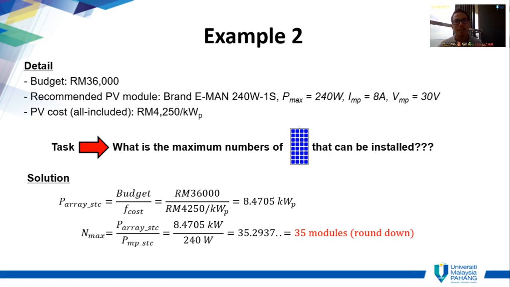It's impossible to cut for the 36th module. So you only can afford to buy 35 modules with this 36,000 ringgit. That's why we round it down to 35 modules. Okay. Alright.